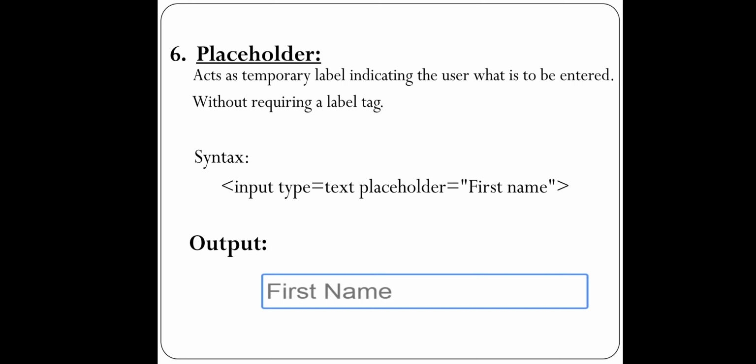Because the user understands that I have to enter this particular thing. Suppose my text box label is given as first name, so he understands in that text box I have to enter the first name only, right? The label is not required if you are using a placeholder, right?